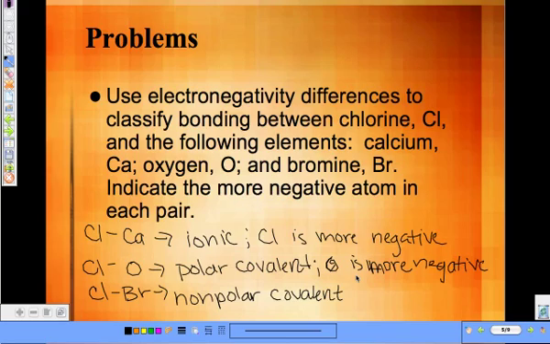Now, because it's nonpolar covalent, do we have a more negative atom? No, because the electrons are being shared equally, so we don't have a more negative, so you don't write anything down for one that's more negative. So questions on determining the type of bonds. Okay.